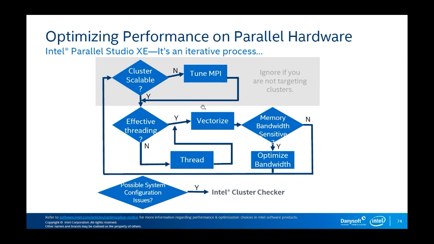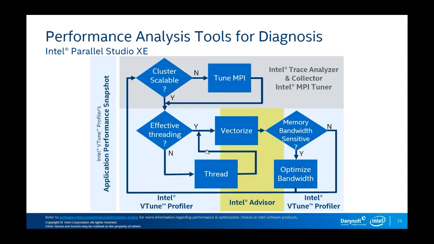If the vectorization is well done, I have to pass to the next stage, which is focused on memory exploitation, considering whether the memory hierarchy is well used or whether it is necessary to optimize the bandwidth.